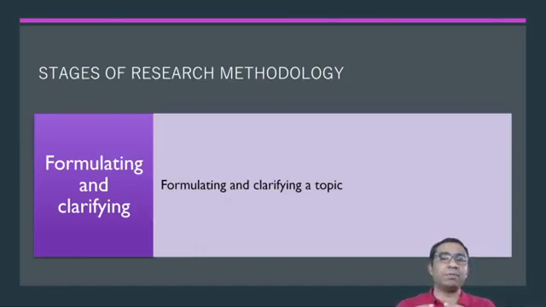So you have to think in which classification your research falls, and then you have to formulate your research question. The research question, or objective, we call it the objective or questions. Both are linked with each other. You have to understand that the clearer your research question or research objective is, the clearer your research finding would be.